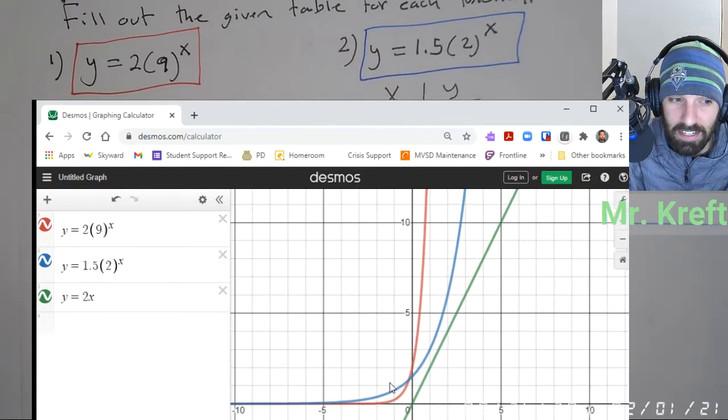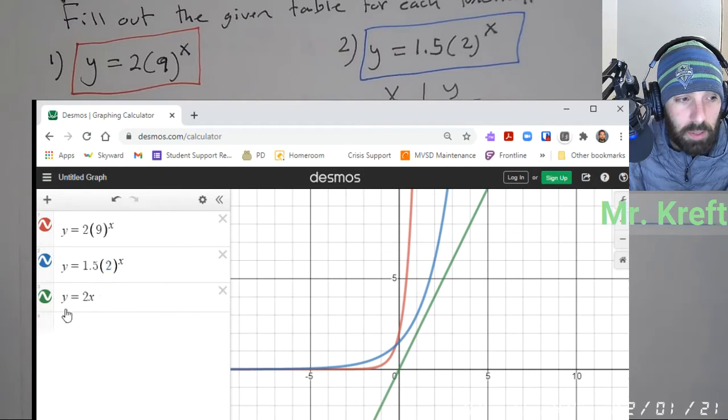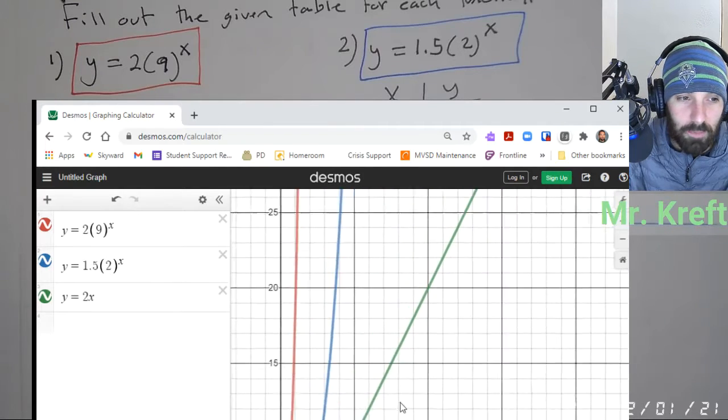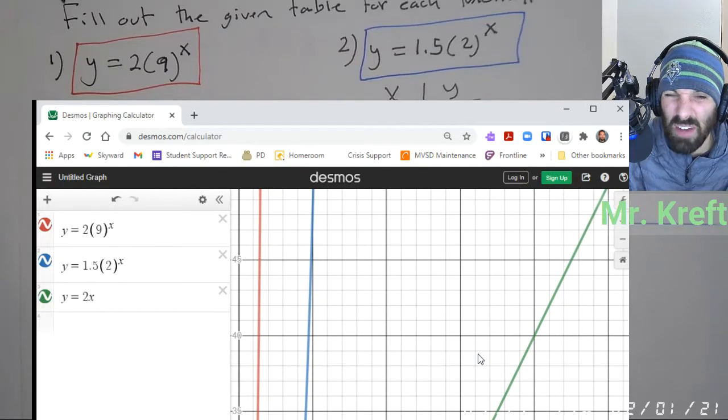Whereas this only has a base of 2, so it's not increasing as quickly. But then compare that to a line, where you're adding 2 every time. Look over time how the exponential is just so much faster. It gets higher quicker, right?